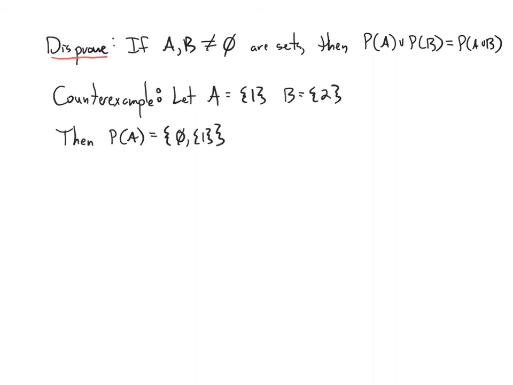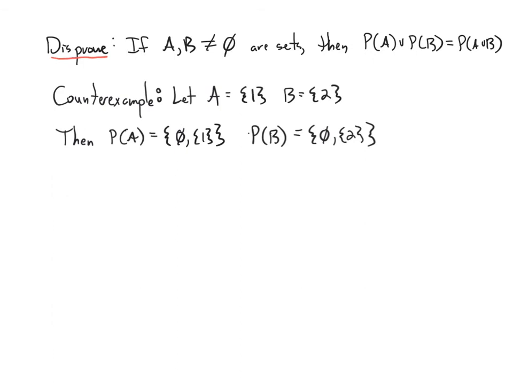They're the only two elements of the power set because they're the only two subsets of A. And the power set of B is the empty set and {2}, itself. And that is it. Now we need to take the union of these.